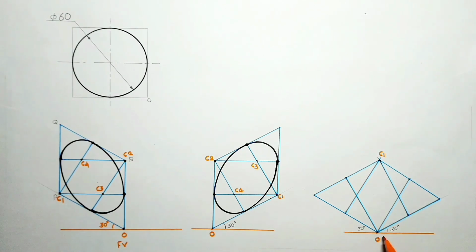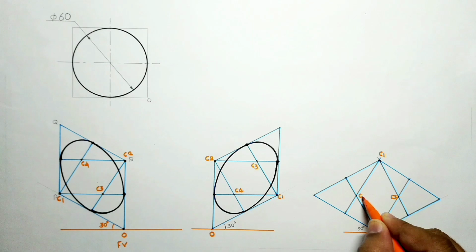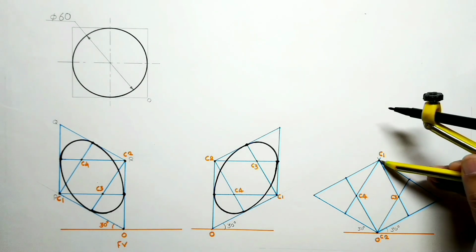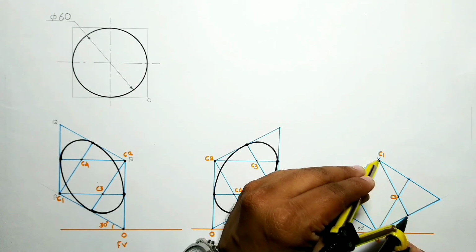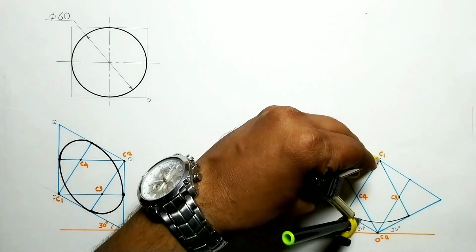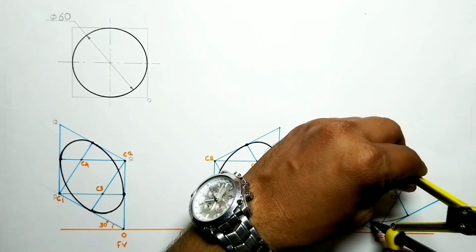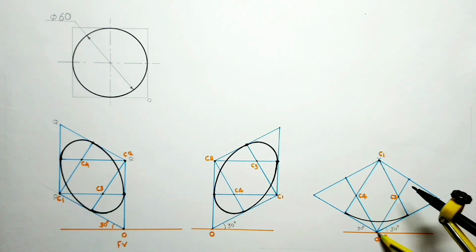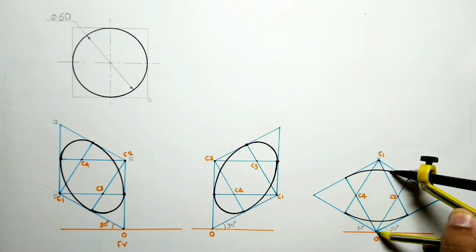Center 1, center 2, center 3, center 4. Take the compass, center C1, radius as this distance, and mark one arc. C2 as a center, distance as this distance, mark this point.